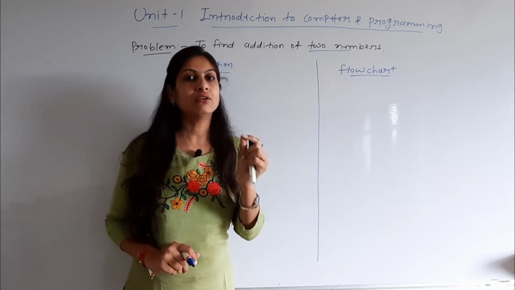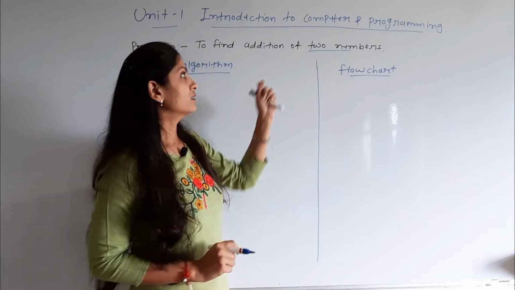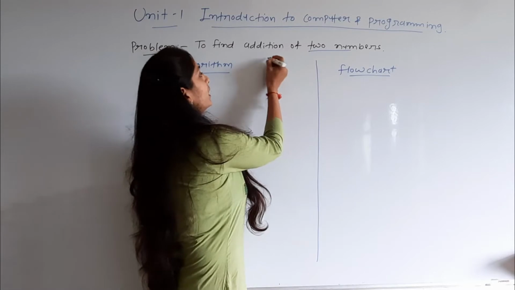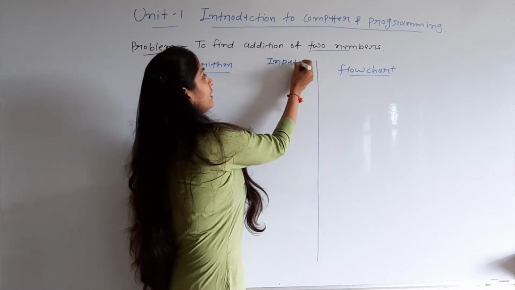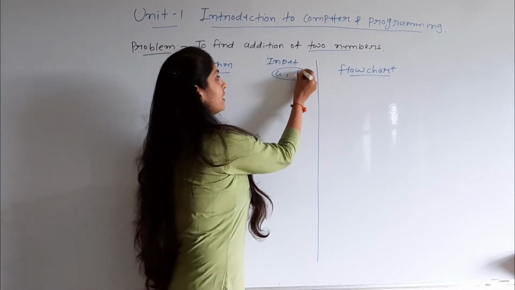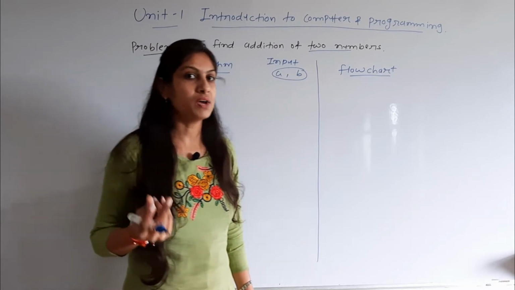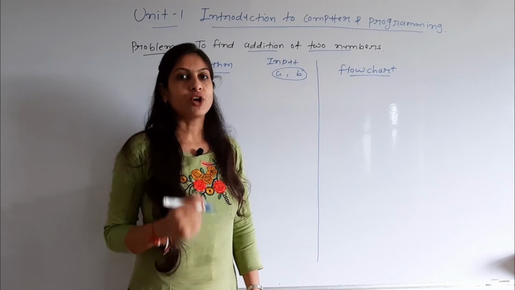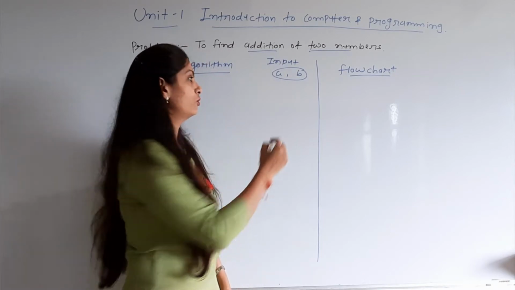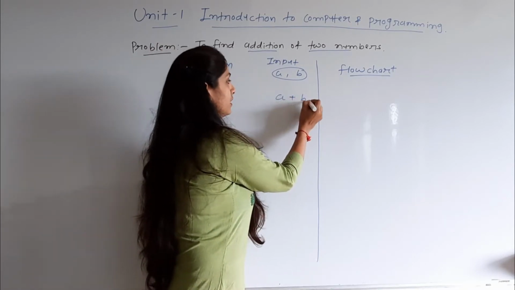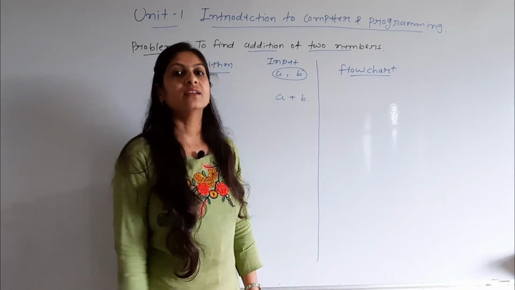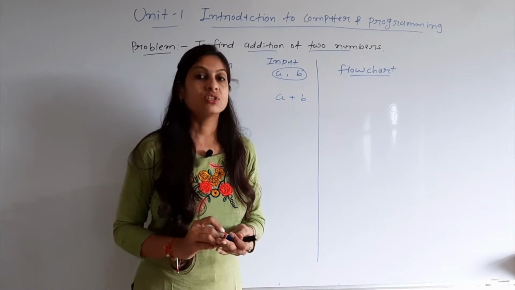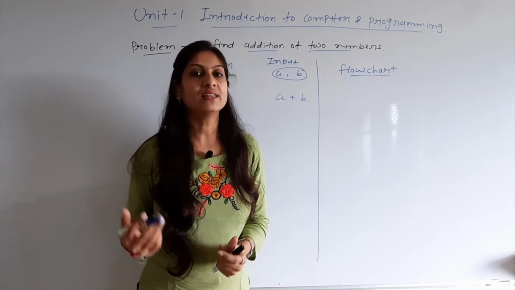You have to just give two numbers for which we have to find the addition. So the input is A and B, which we have to add. Second, the formula for addition. The formula, as you all know, is A plus B. And finally, the sum of A plus B will be generated. So this is the logic, how we can develop.